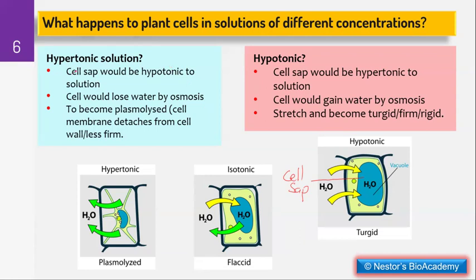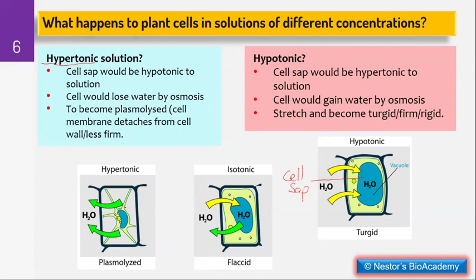So if we were to place a plant cell in a hypertonic solution, this will mean that the solution has a higher solute concentration compared to the cell sap, and therefore the cell sap is dilute compared to the solution in which it is placed. So what is going to happen?